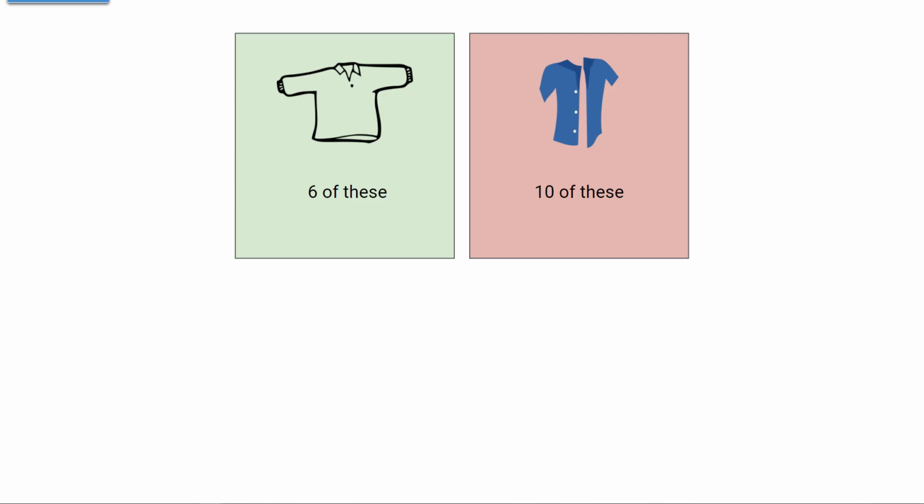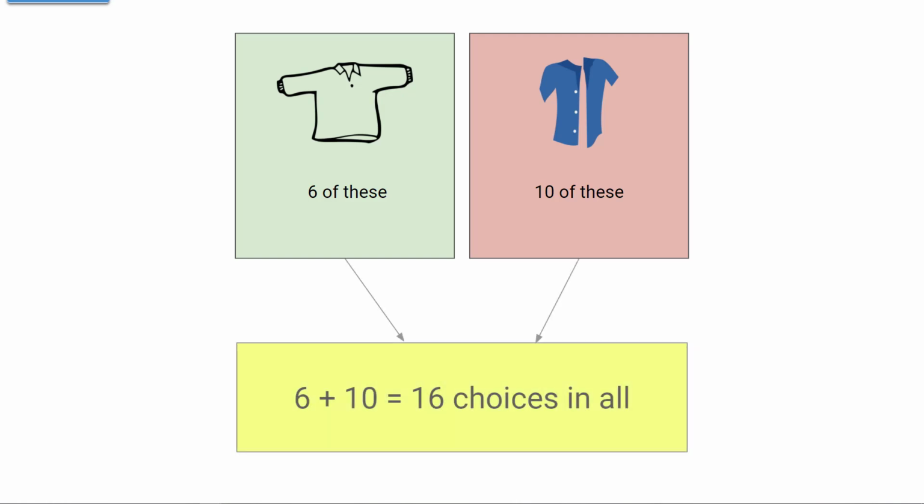Well, if I pick one shirt, then there are 6 possible choices from the long sleeve bin, but I also have 10 possible choices from the short sleeve bin. So in all, because it's just one choice and neither of these bins overlap, that's 16 possible shirt choices. That's all my shirts, and each one lives in one, but not more than one, of these bins, and I am just picking a single shirt.